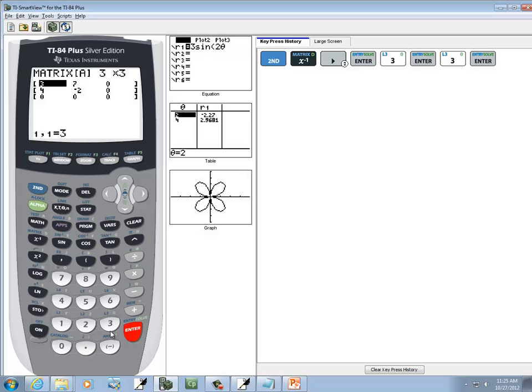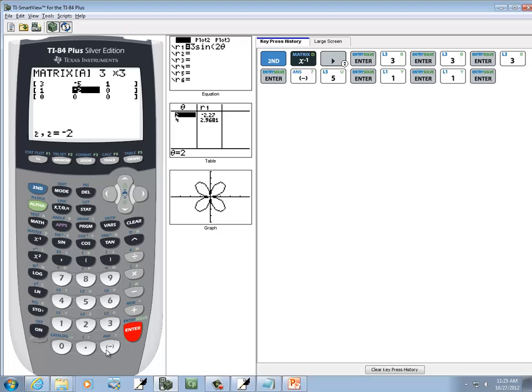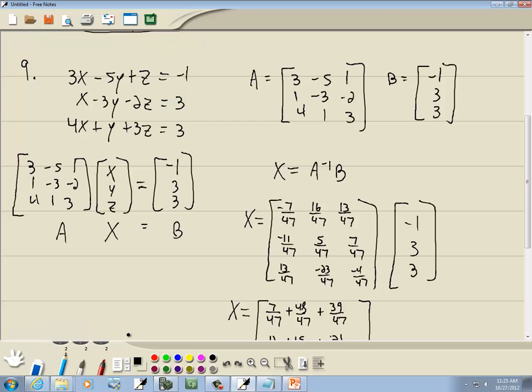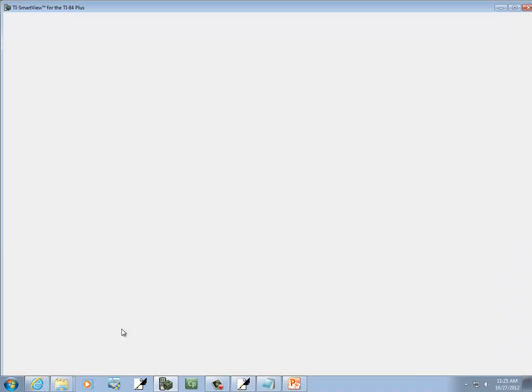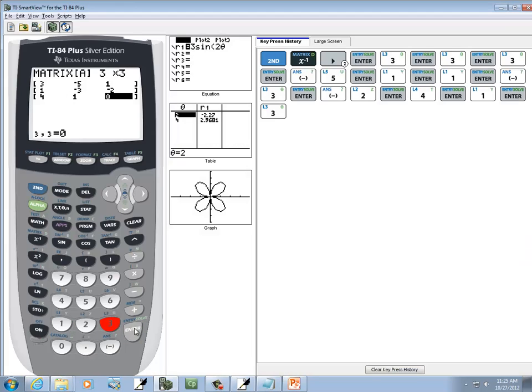Okay, then we got 3, enter, negative 5, enter, 1, enter, 1, enter, negative 3, enter, negative 2, enter, 4, enter, 1, enter, 3, enter.